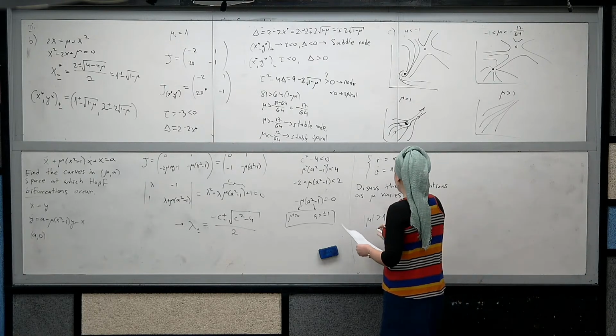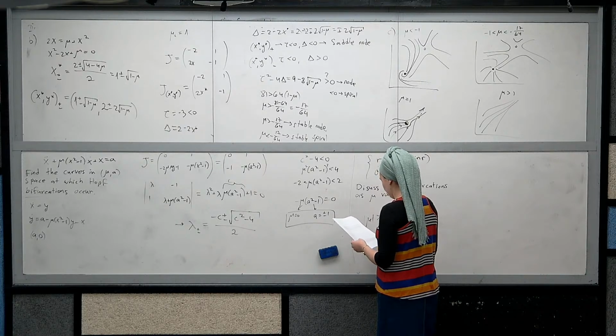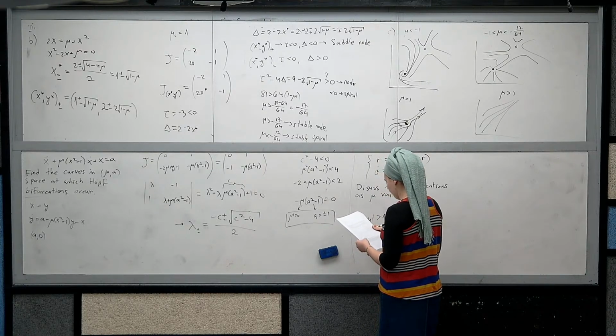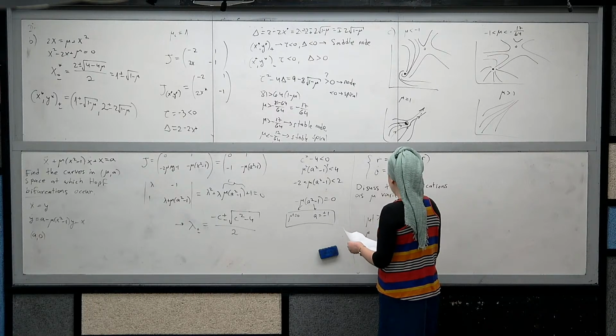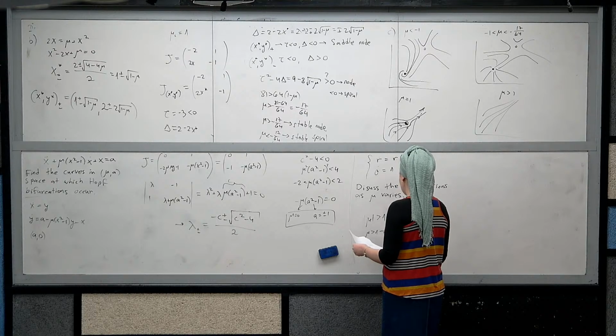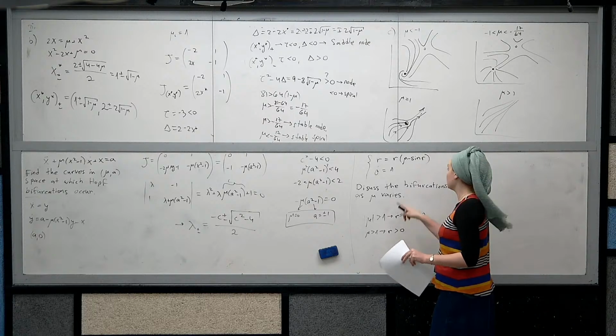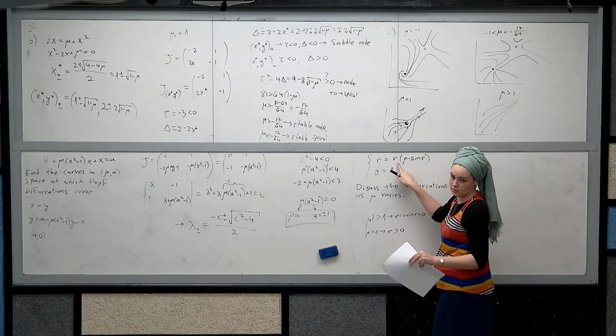Now, if mu is lower than 1, that means that r dot is also lower than 0, always, because this is positive and r is always positive.